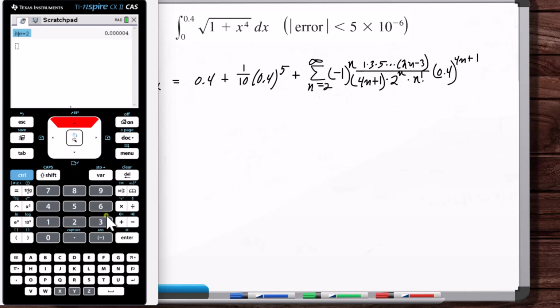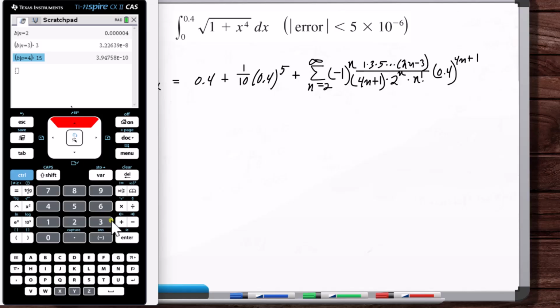Okay, now let's do b with n is equal to 3, but then we'll multiply this times, the numerator would be 3. So there is b sub 3. Now let's do b with n is equal to 4, and then this would be 3 times 5 is 15.